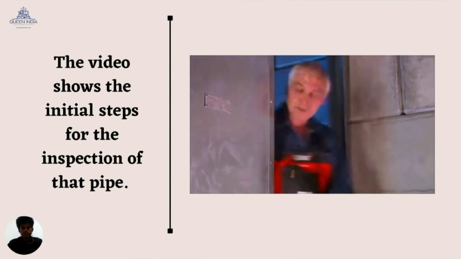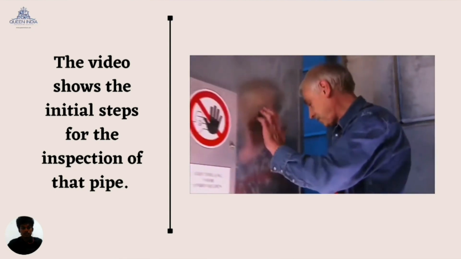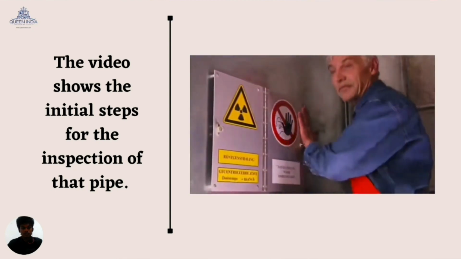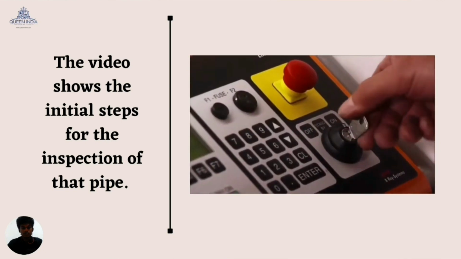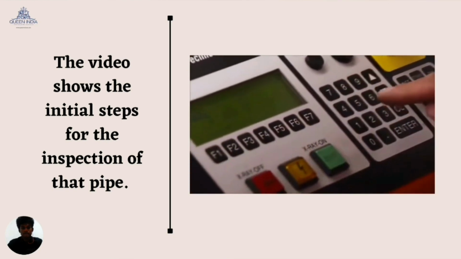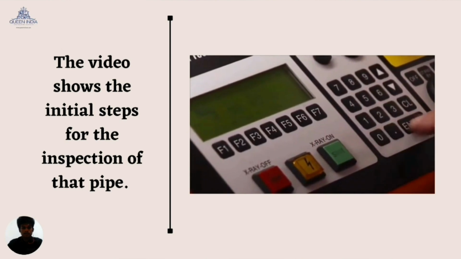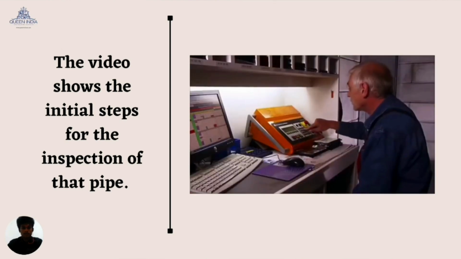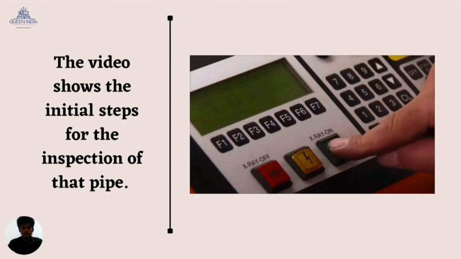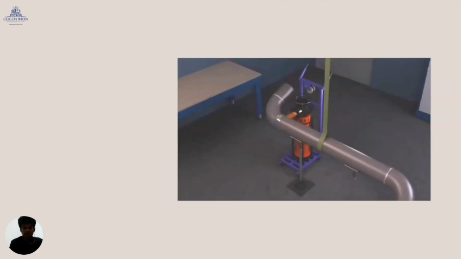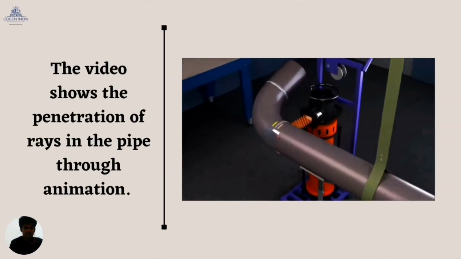Then the examiner leaves the area, closes the lead door and operates the device remotely. This way he can avoid coming into contact with the radiation. He adjusts the voltage, current and duration depending on the investigated material and starts the irradiation. Now let us see the animated video of X-ray inspection.